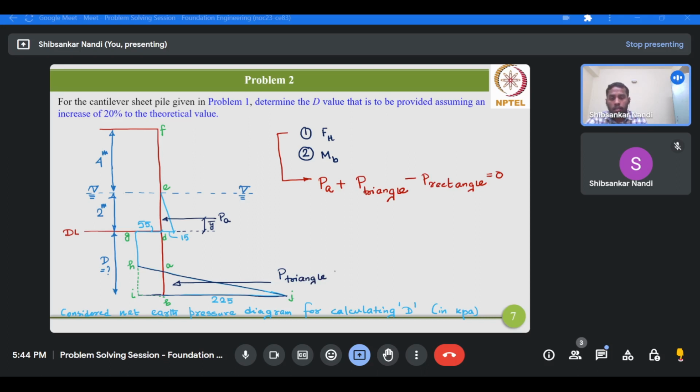Triangle in the sense H, I, J. And we have also considered this rectangular distribution.